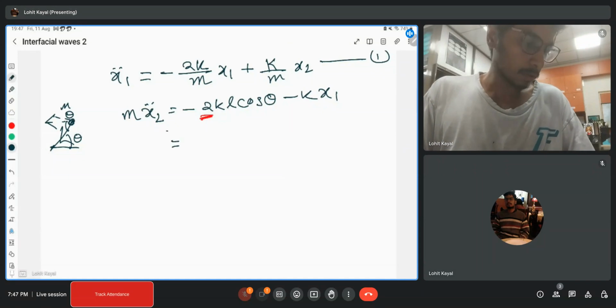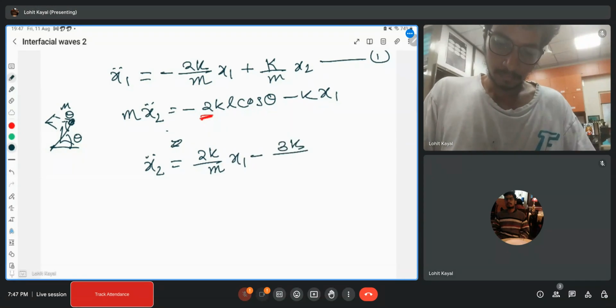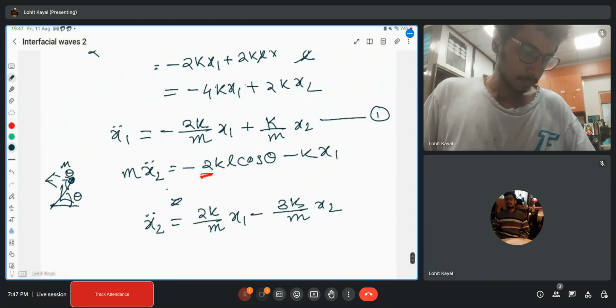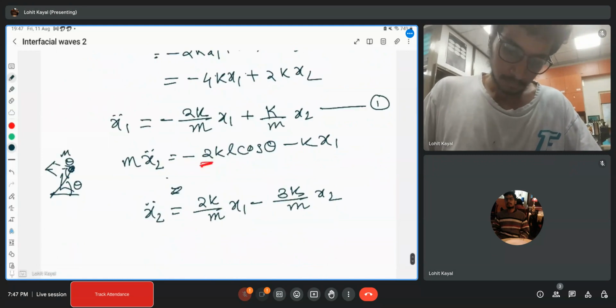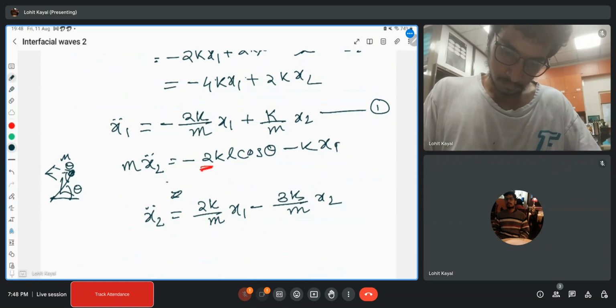So if you calculate this, you will find that the governing equation will be minus kx2.